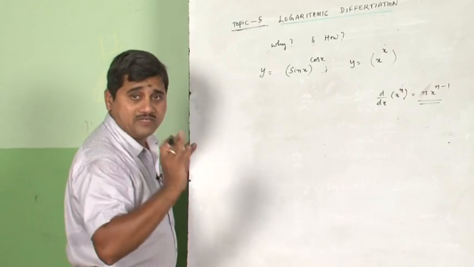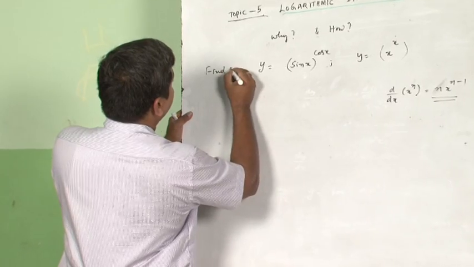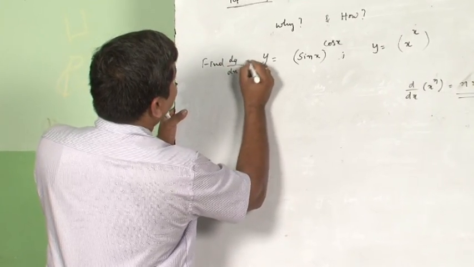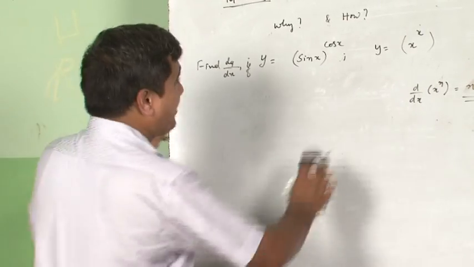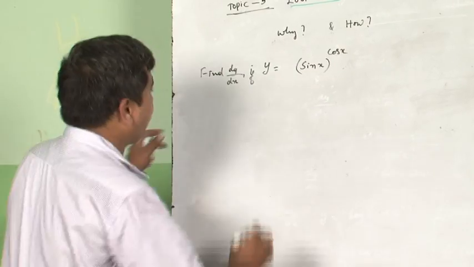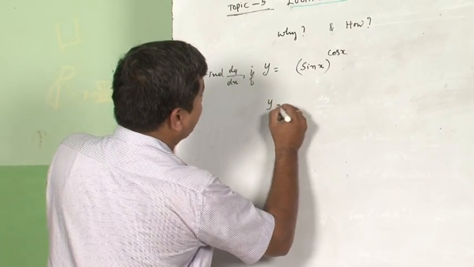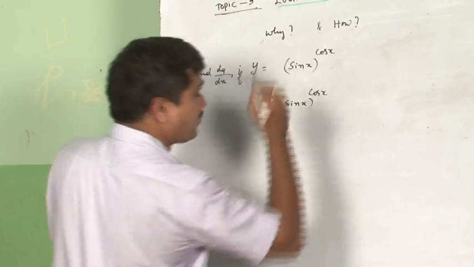So, how to go about this? Just watch carefully. For example, if I say find dy by dx if y is equal to this, how am I going to proceed in this problem for solution? Look here. Take the function y equals sin x to the power of cos x.